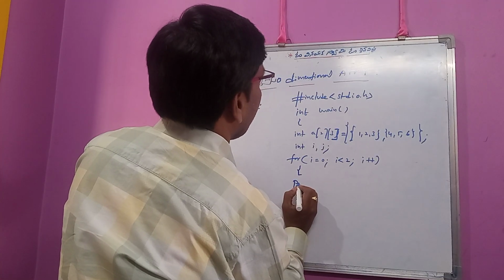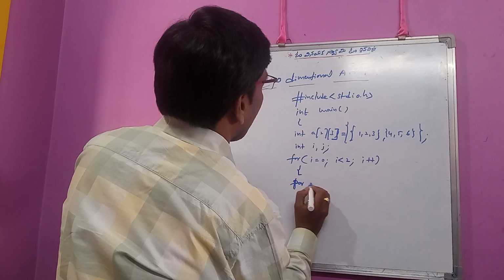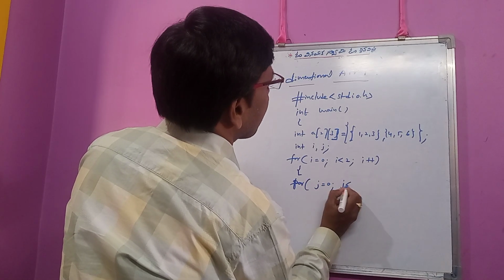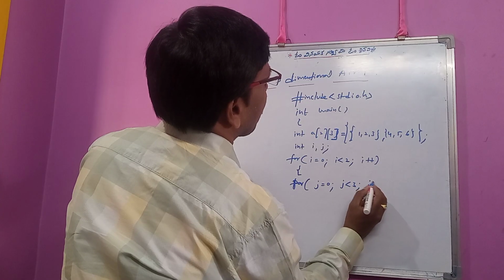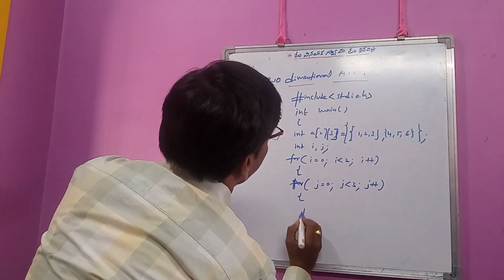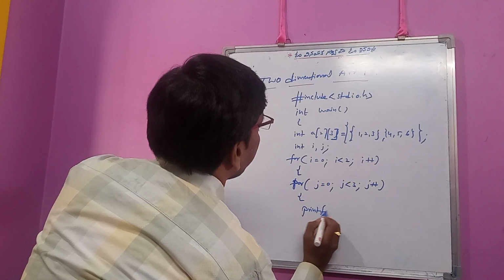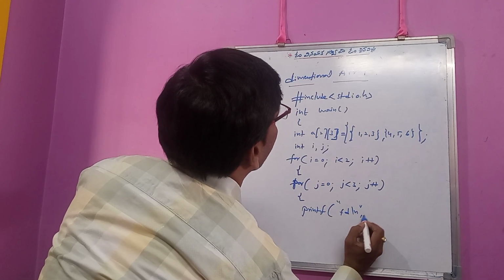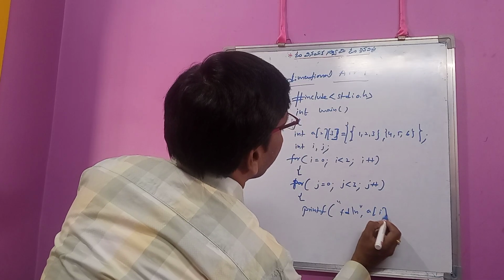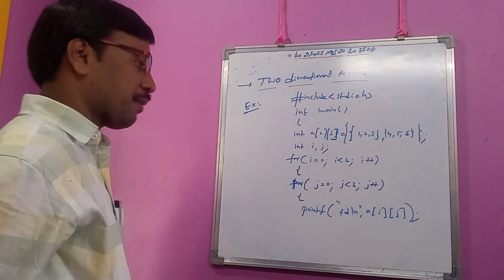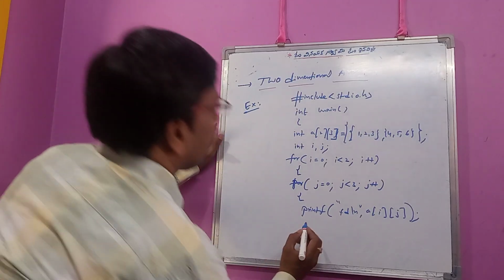Now go for another for loop, j equal to 0, j less than 3, j plus plus. Now open brace, printf percentage d slash n comma a of i j, close parenthesis, semicolon.